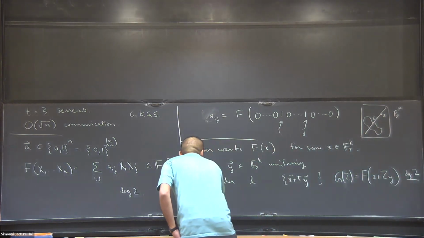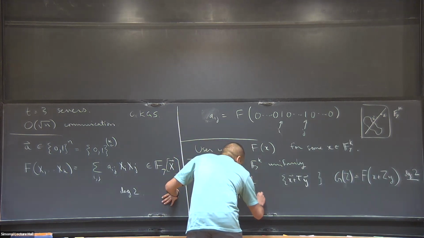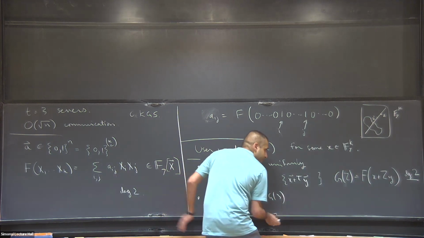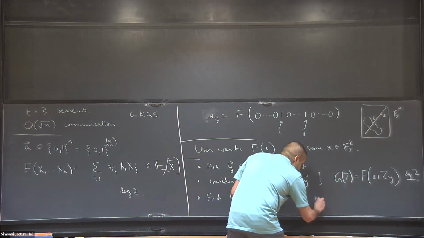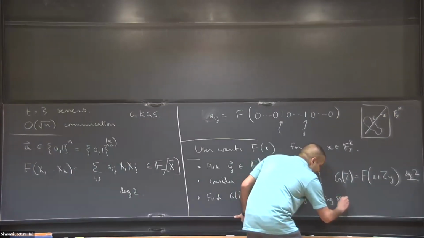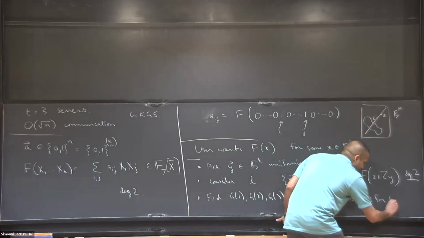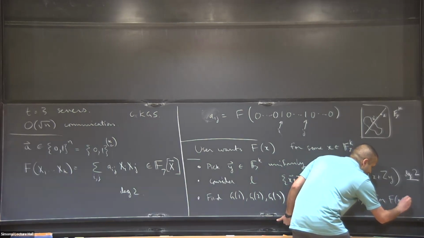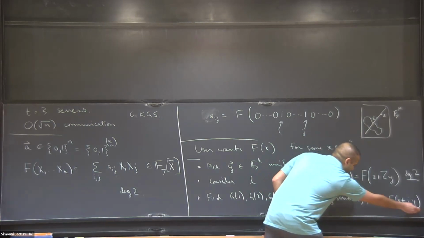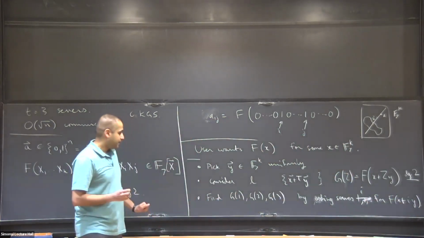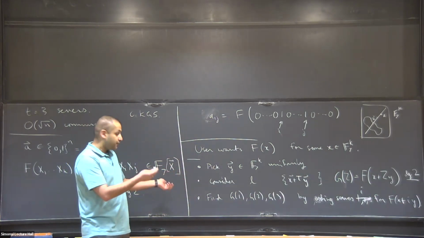So find g of 1, g of 2, g of 3 by asking the servers 1, 2, 3 for f at x plus i times y. So by asking server i for f of x plus iy, this gives you 3 values of the degree 2 polynomial g.